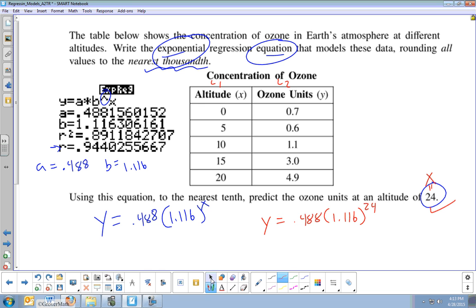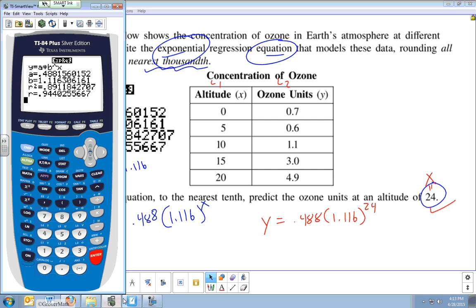That's what we see here. The way to evaluate this is simply to type it into your calculator as you see it. So we'll say 0.488 parentheses 1.116 parentheses raised to the 24, enter, and this one's to the nearest tenth. That's the other thing.